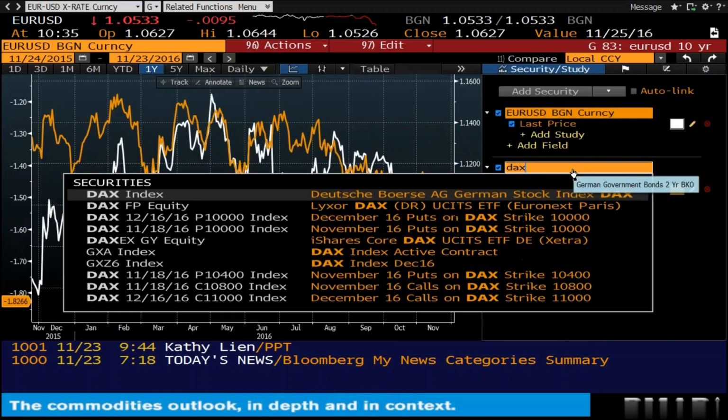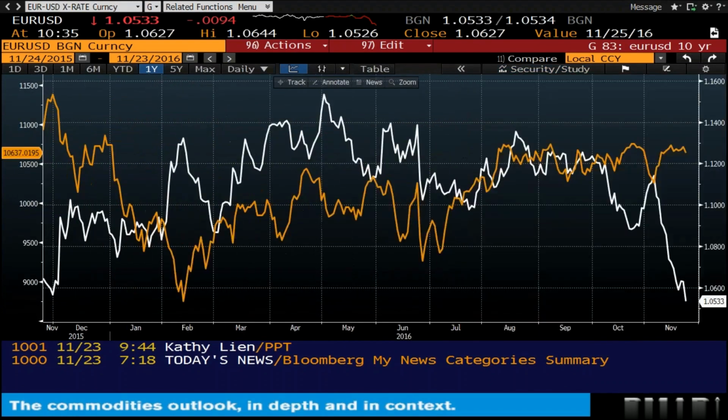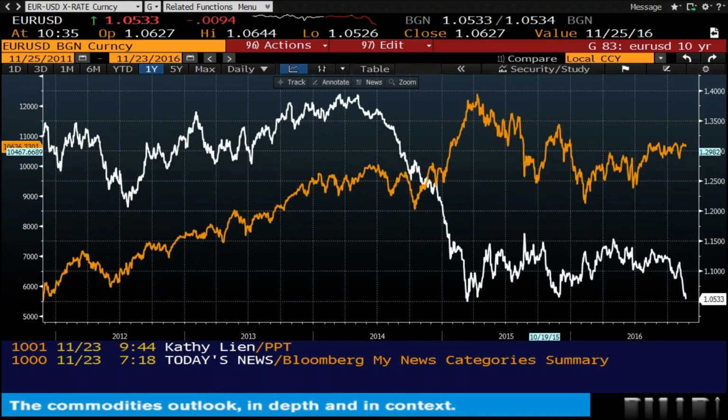So I'm changing the orange line from the yield spread to the DAX. And you'll see that on a 5-year basis, well, actually it looks like more of an inverse correlation, doesn't it? I think that it's because the Eurozone has a lot of its unique problems. But generally speaking, if you look in the past, like 2012 to 2014, there's a very strong positive correlation.